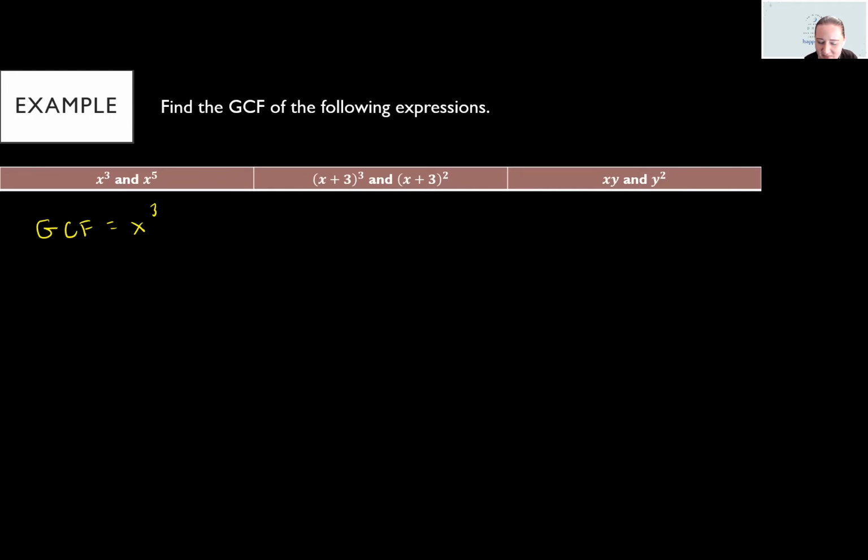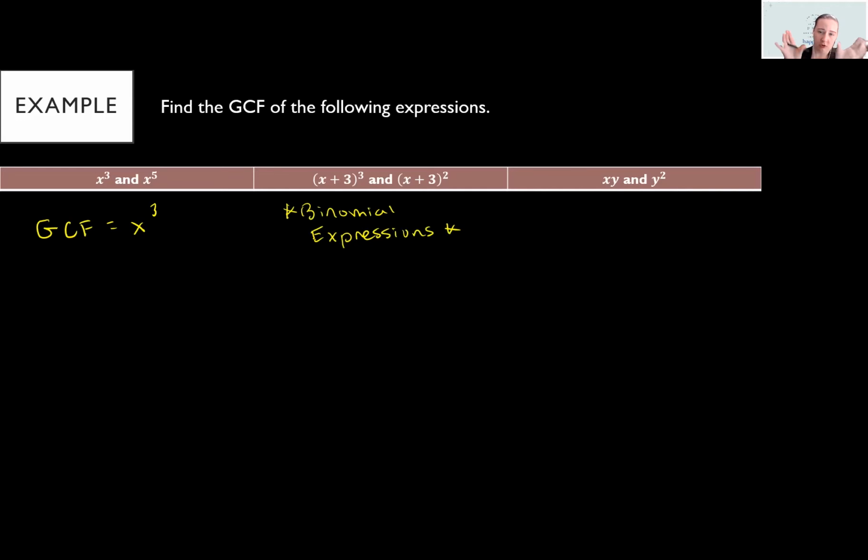So the next one we've got, these are binomial factors right here, or binomial expressions, I should say, because they are things in parentheses with 2 things added. They both have exponents.